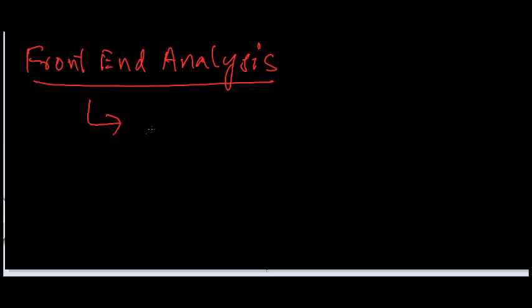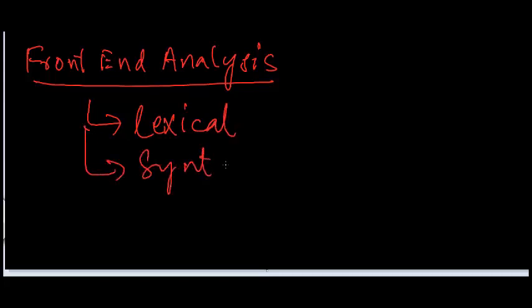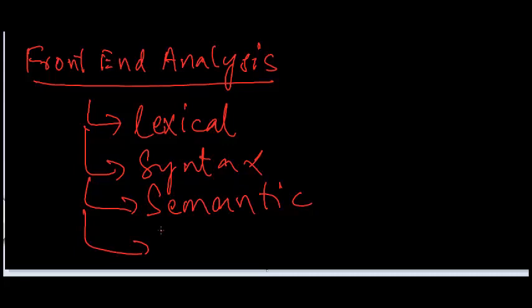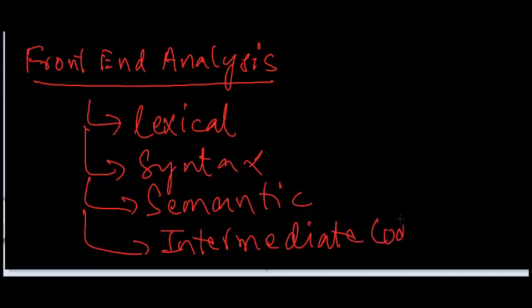There is the lexical analysis, the syntax analysis, the semantic analysis, and finally the intermediate code generation. So these are the 4 phases of front end analysis that is carried out by the compiler.